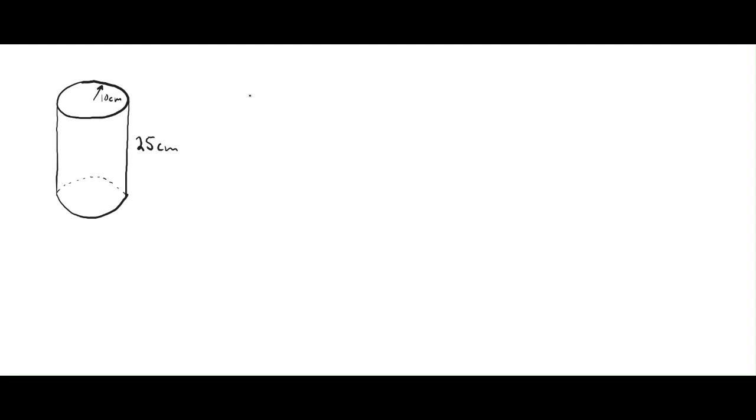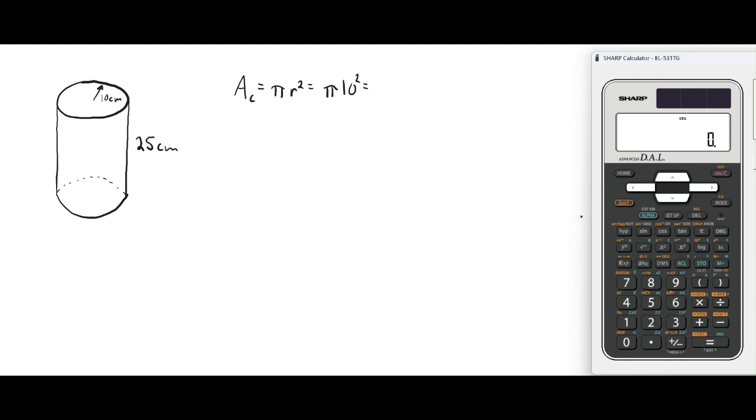So the area of one of the circles, I'll call that AC, will be pi r squared for a circle, and our r is 10. So we've got pi times 10 squared, which equals about 314.